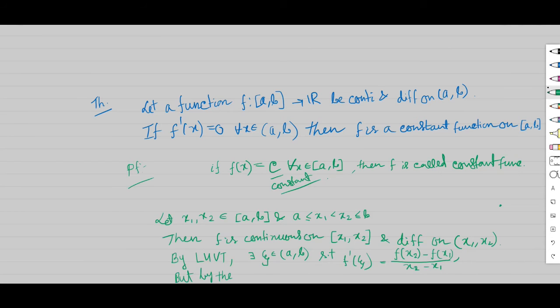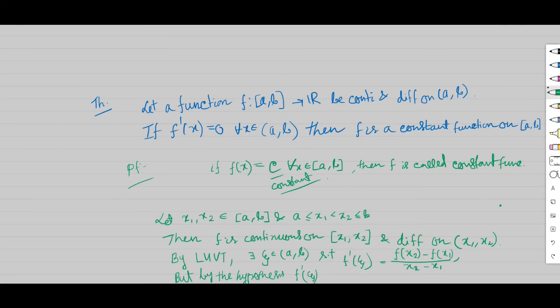Here the hypothesis is f is a continuous function, differentiable on (a, b), and f dash x equal to 0 for all x belonging to (a, b). So by the hypothesis, f dash xi, because for all x belonging to (a, b), f dash x equal to 0, so xi is one of the x from (a, b).